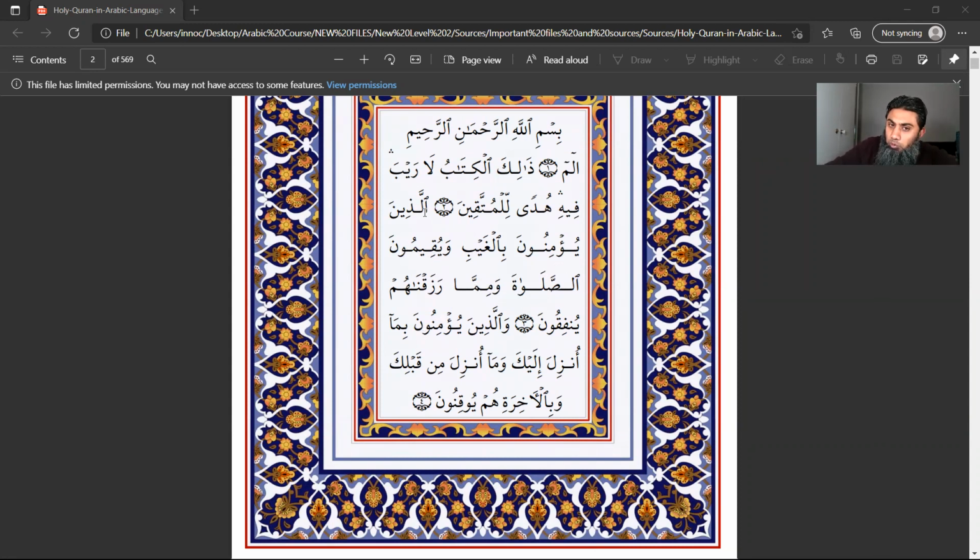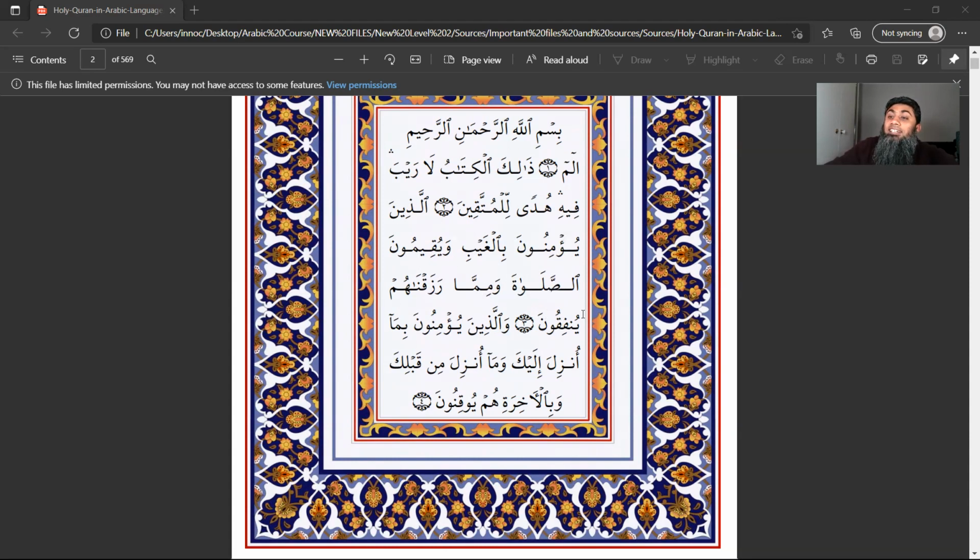Allazina is a mawsool. Yu'minuna bil ghaib was to become the sila, but because it is connected to yuqimuna salata, this one is also in the bucket of sila. And wow, mimma razaqnahum yunfikun. So yu'minuna bil ghaib is number 1, yuqimuna salata is number 2, and mimma razaqnahum yunfikun is number 3. All of these are sila. Why?